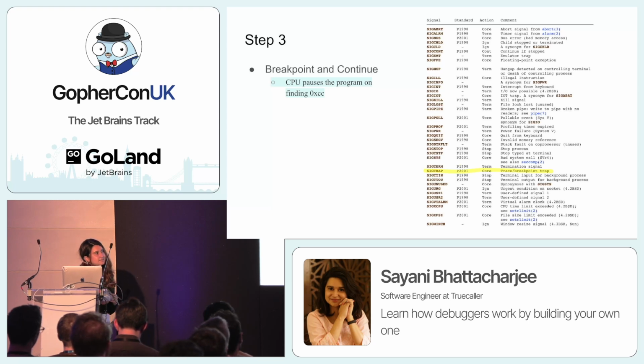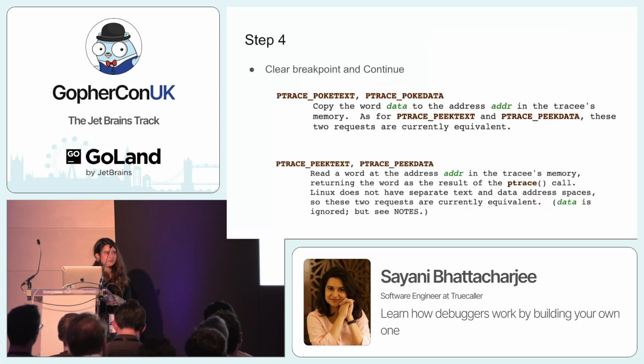The question next is how do we insert a hex CC into our code? Whenever we have the program counter, we can go to that line, and then the first byte we can modify with something called ptrace poke data. This is the man page of ptrace poke data and peek data.